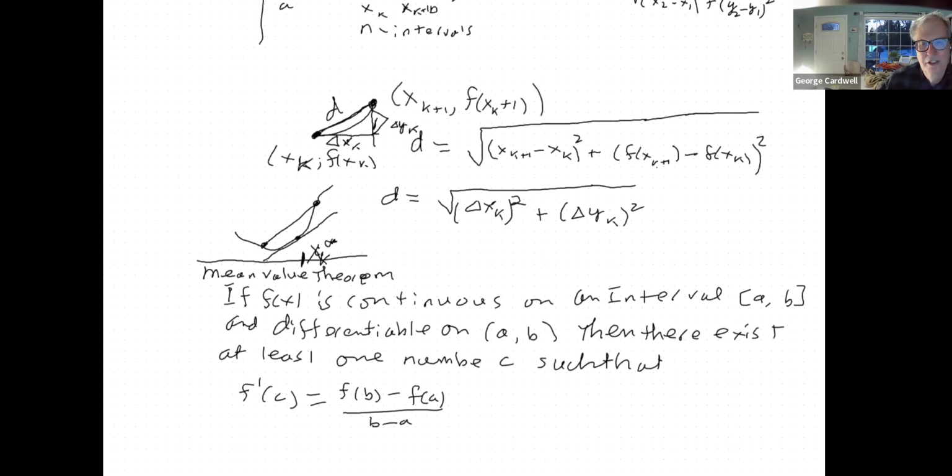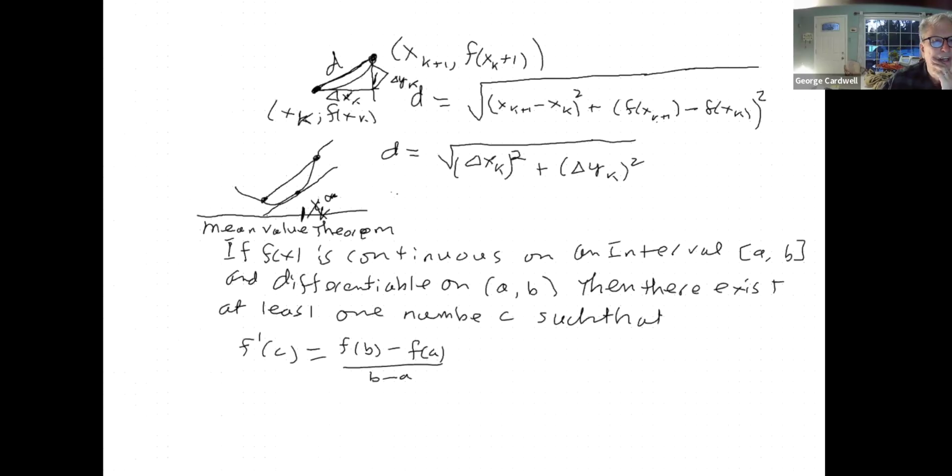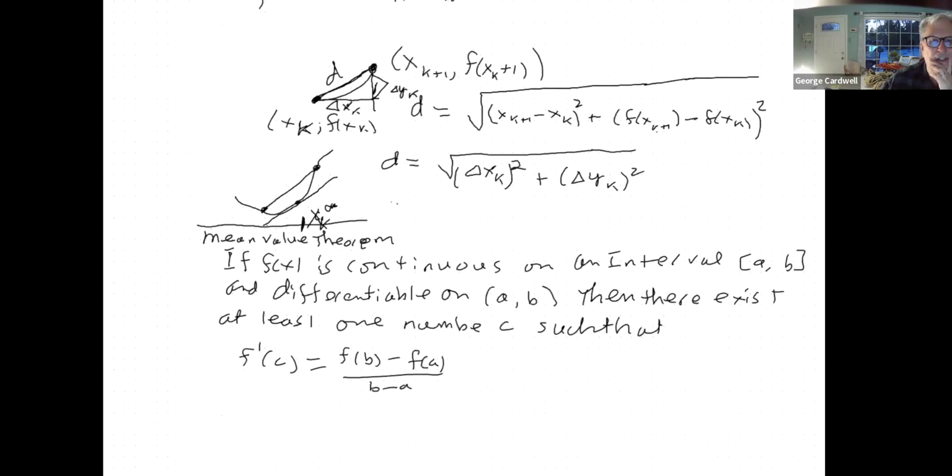So if I apply the mean value theorem to that distance formula, remember, delta yk over delta xk is the slope, right?